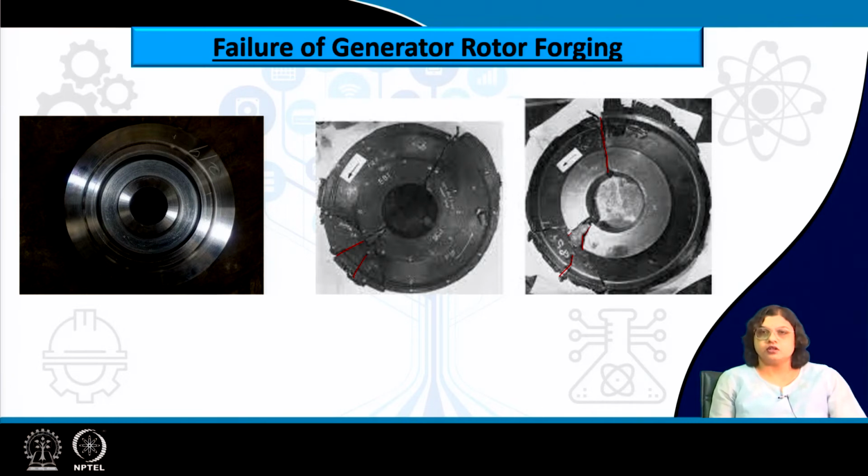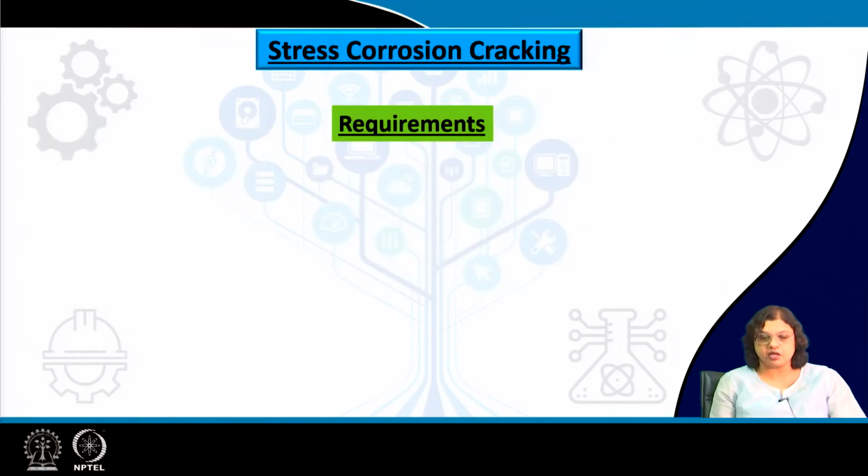Okay. So, this is more or less what we have seen for the hydrogen embrittlement, and now let us move on to the stress corrosion cracking. Now, stress corrosion cracking is another way by which a material or a system, a component can fracture at a lower value of stress intensity factor than what is applied.